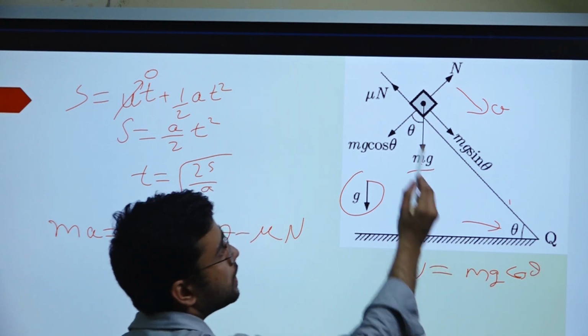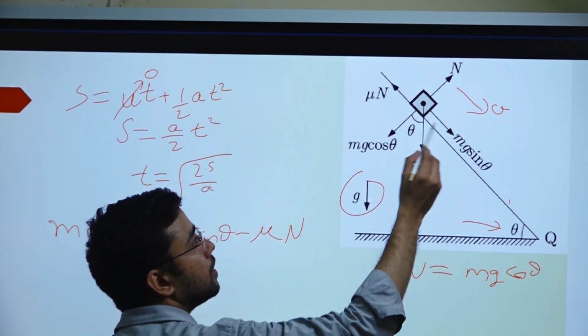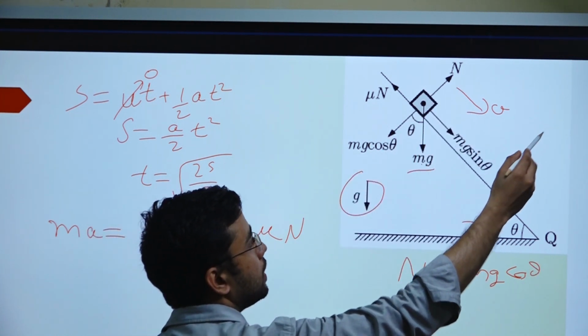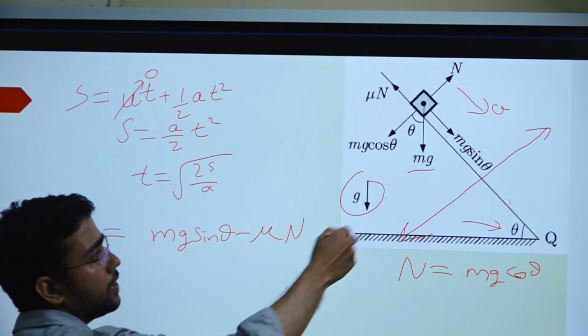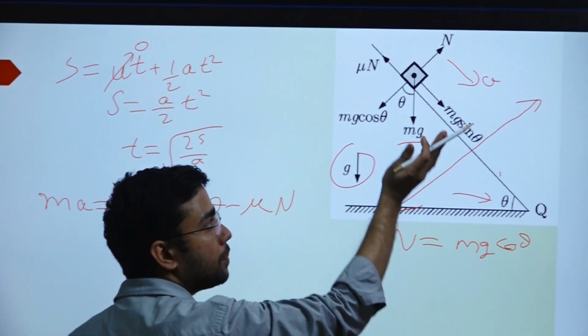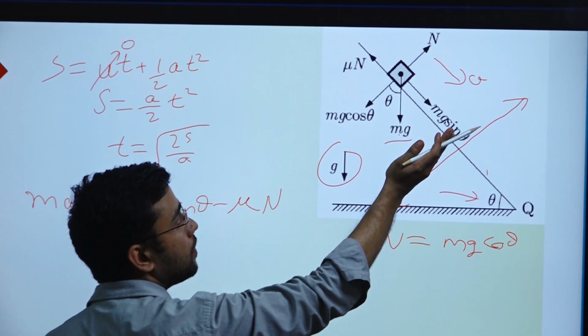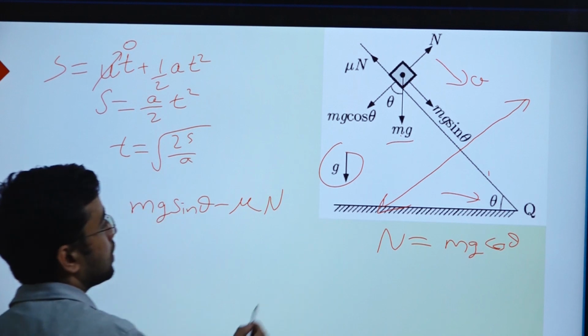So what is happening? This box is not moving in the direction perpendicular to the surface. So because it is not moving perpendicular to the surface, it is in equilibrium perpendicular to the surface. In that case what will happen? N should be equal to mg cos theta, right?